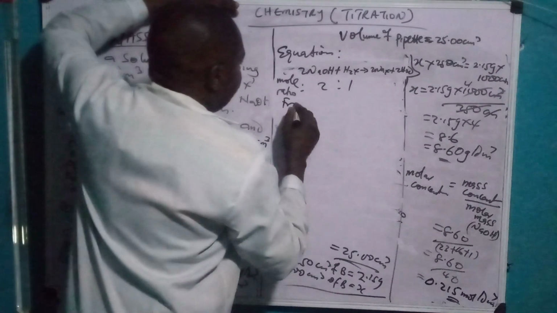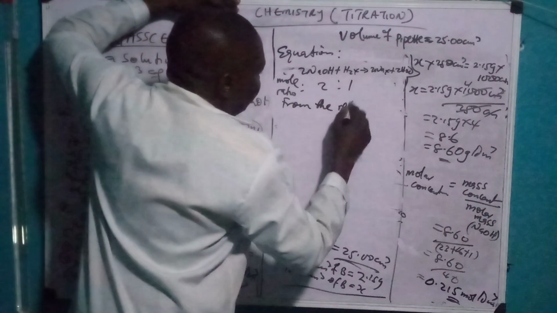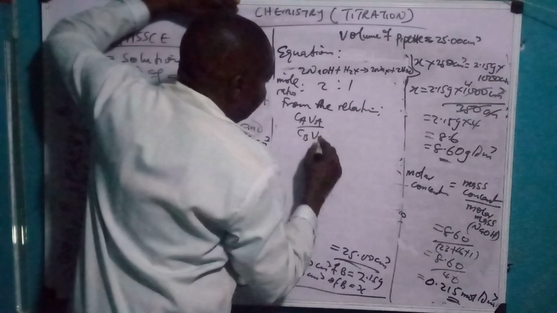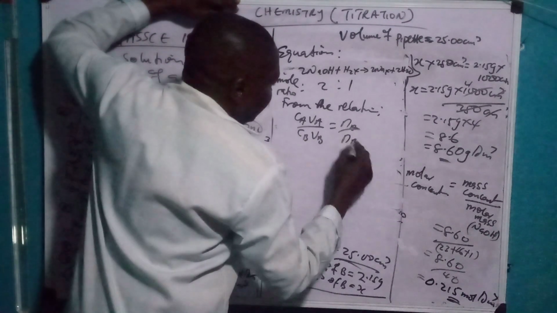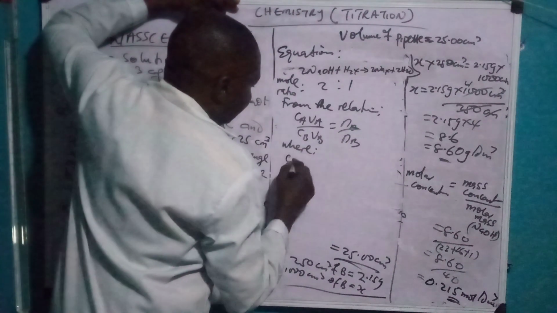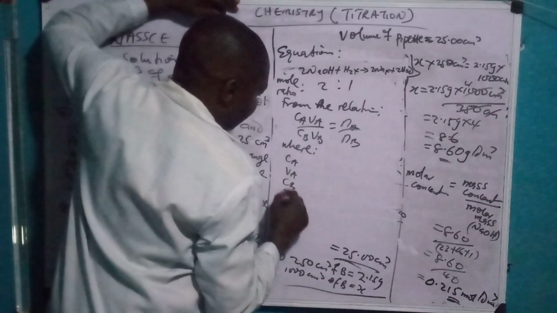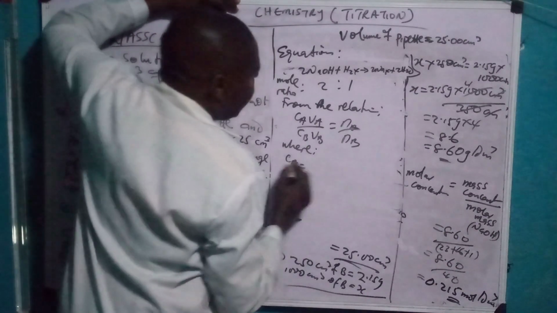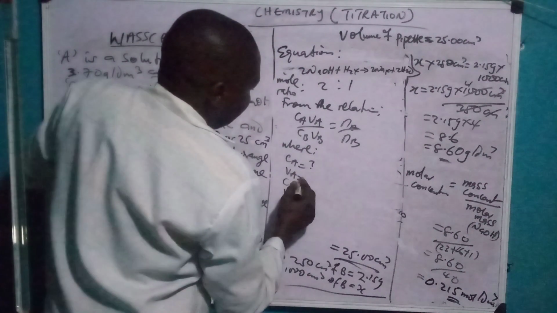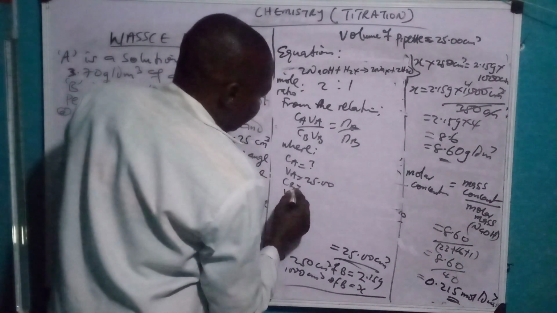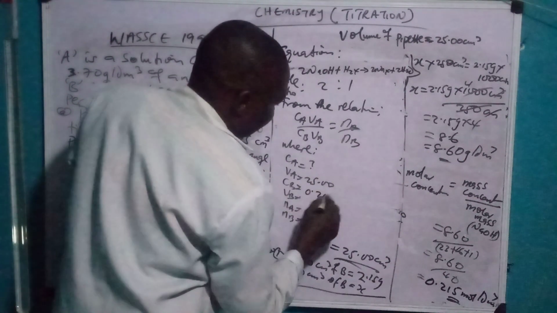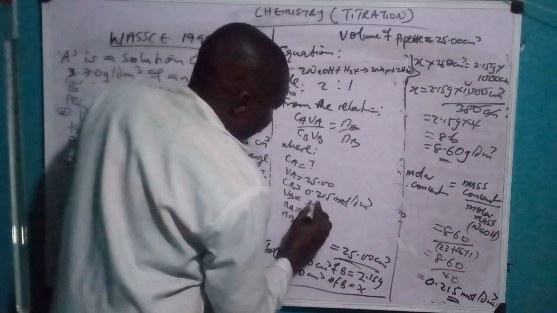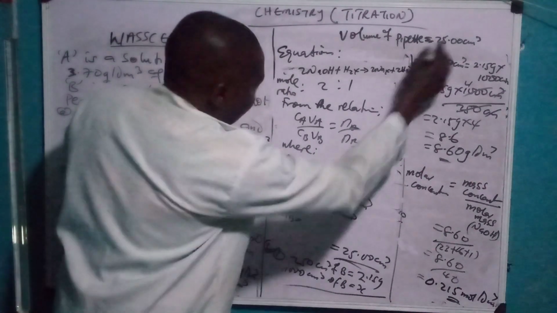You now say from the relation CAVA over CBVB equals NA over NB, where CA we don't know. VA is 25.00. CB is what we calculated, 0.215 mole per dm cube. VB is 25.00 cm cube. That's the volume of pipette.